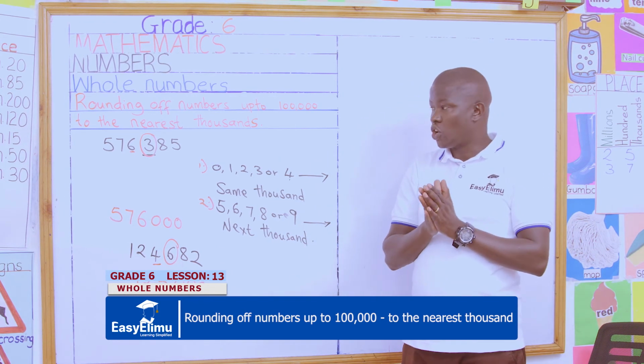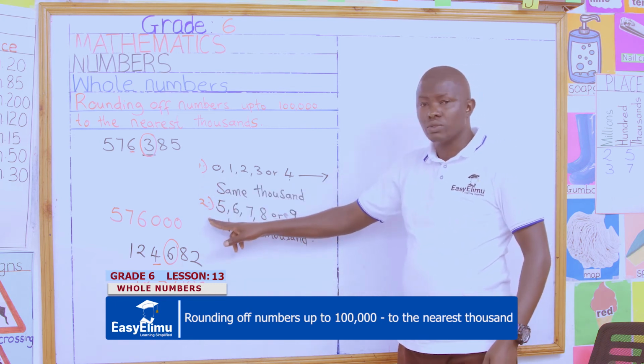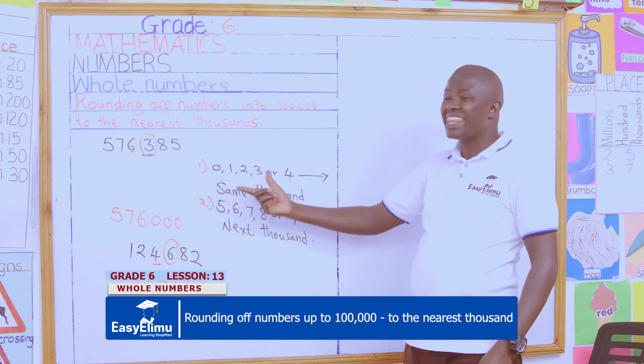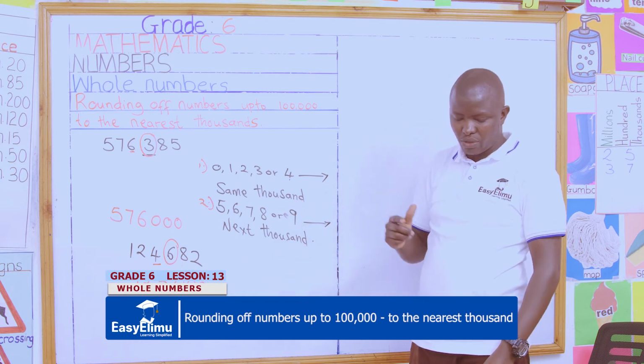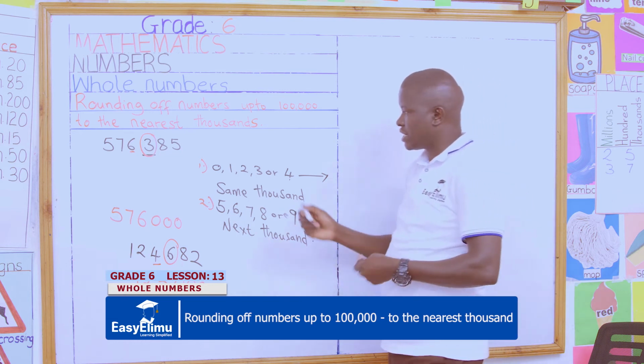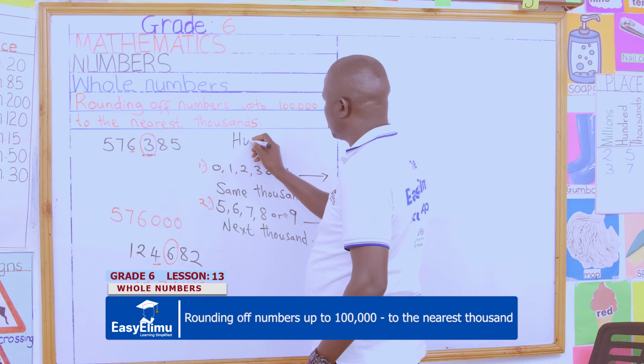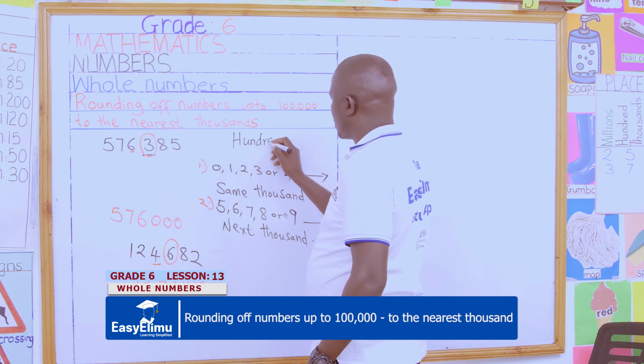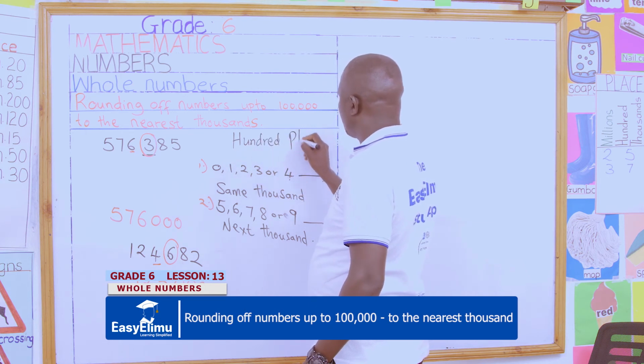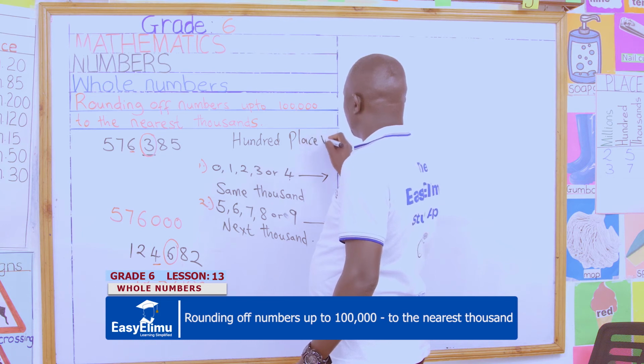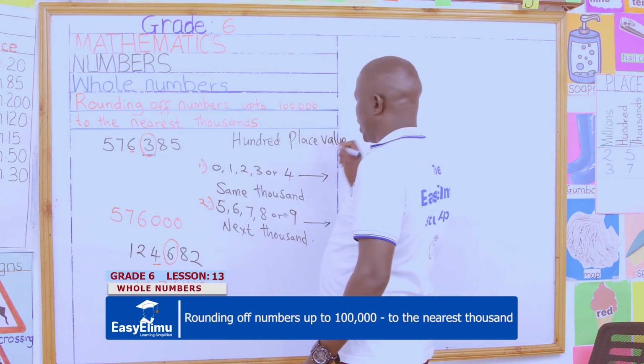Key thing to note: the digit in the hundreds place value is our determinant for rounding off.